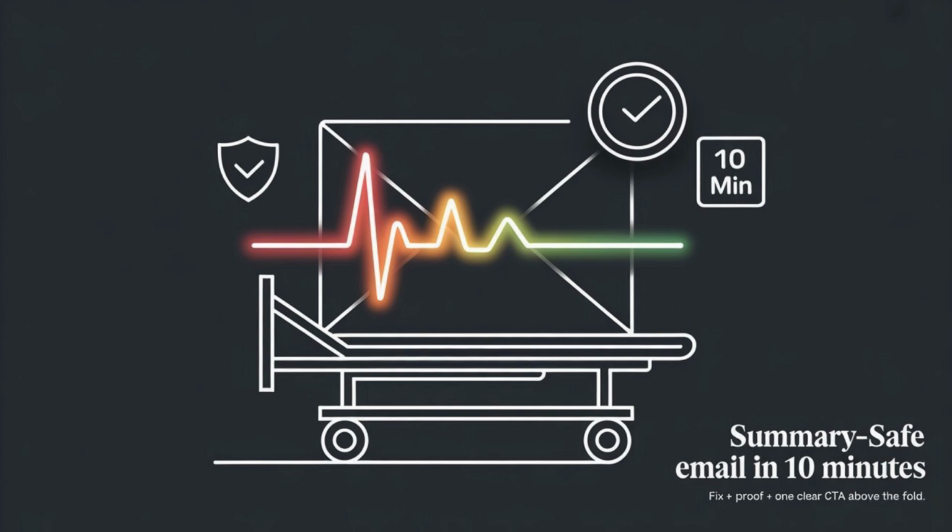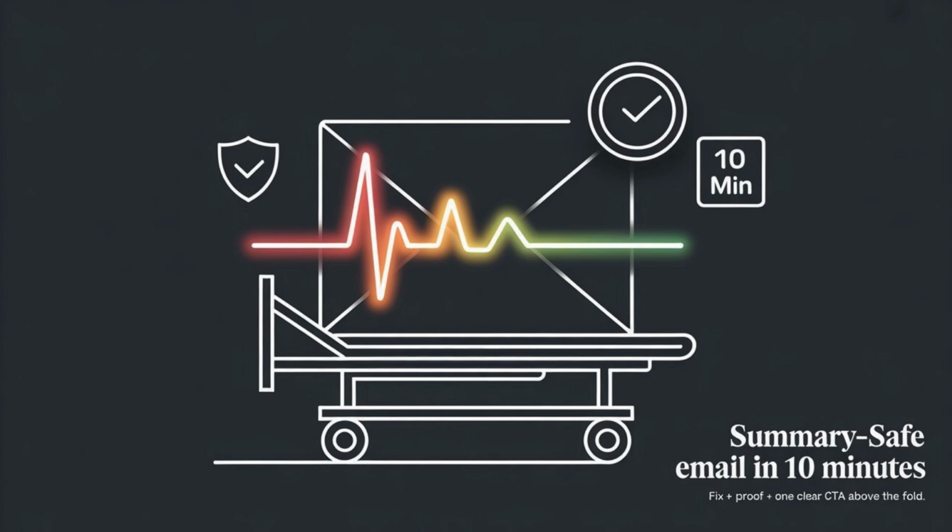Third, your link previews are showing generic "click here" or "read more" text instead of actually describing where the link goes. And fourth, this is the subtle one, if you have too many links above the fold, the AI can't figure out which one is the primary action, so it just picks one at random or ignores them all.